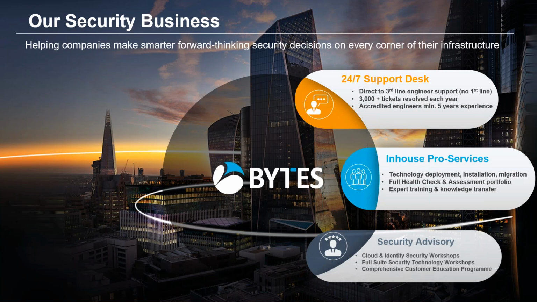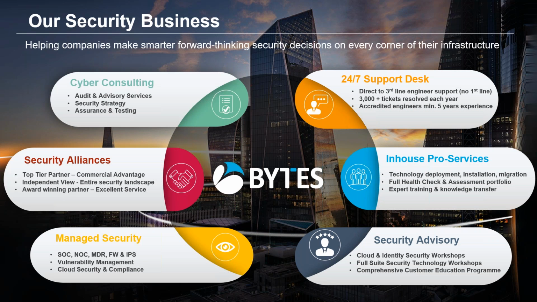Now, of course, there are a lot of things that Bytes can do. There are also quite a number of resources that we now have, as mentioned on the last slide, and given that we've got a substantial number of these resources, they align to different areas and categories, which I've put up on screen. I break it down into 6 areas, which generally consist of our 24/7 support desk, which is our direct to third line engineer support desk, but we also have a professional services team for things like implementation of these solutions.